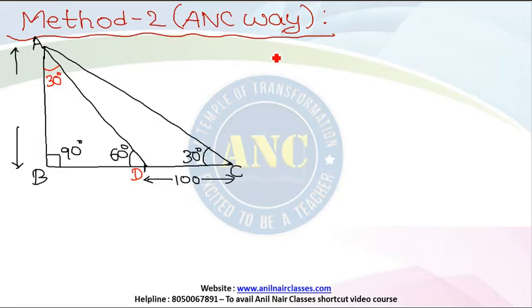I told you that in 30, 60 and 90, opposite to 30, if I assume BD as 1 unit, then opposite to 60, AB will be root 3 units.